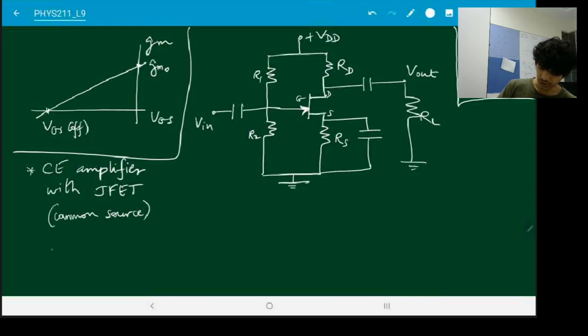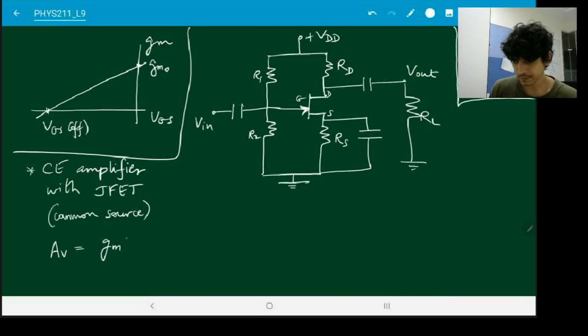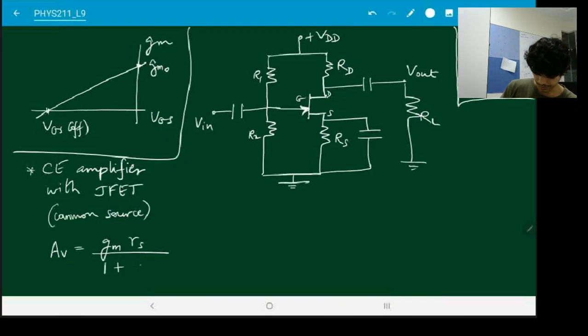So the voltage gain, AV, in the end is given by gm RS divided by 1 plus gm RS.